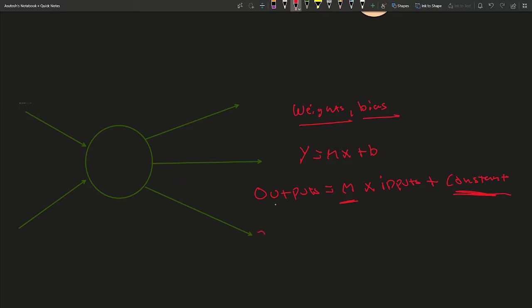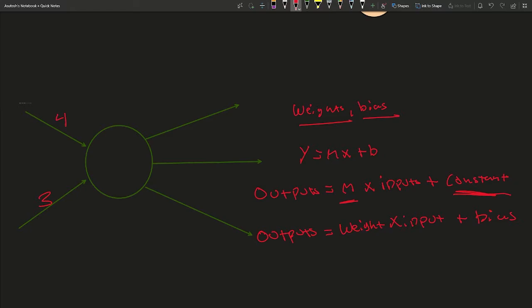So we now get output is equal to the weight times the input plus the bias. Now this equation isn't complete yet, and there's a reason why. Say we had a value of 3 for this input going in, and a value of 4 for this input right here.